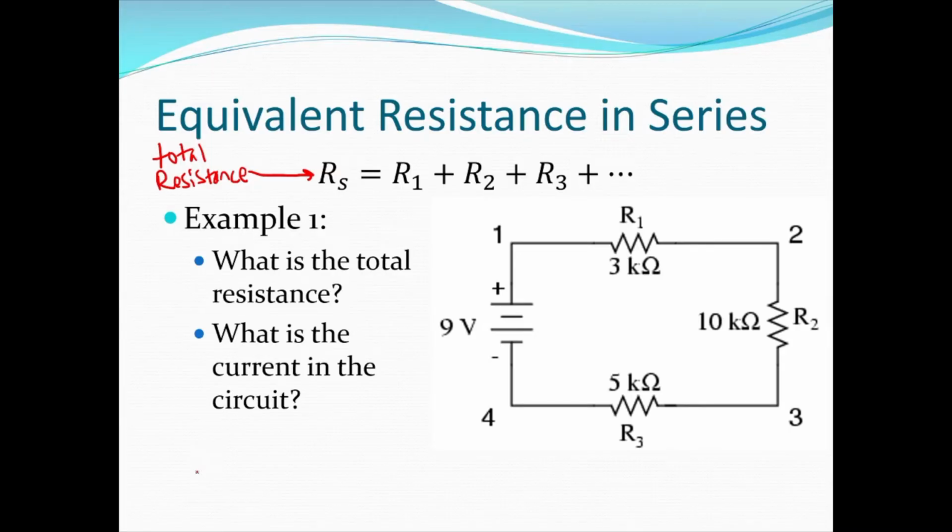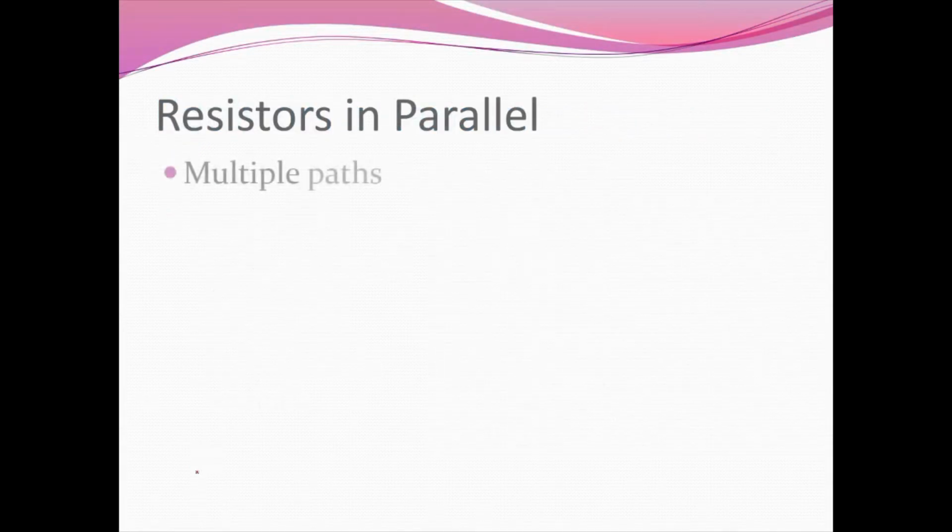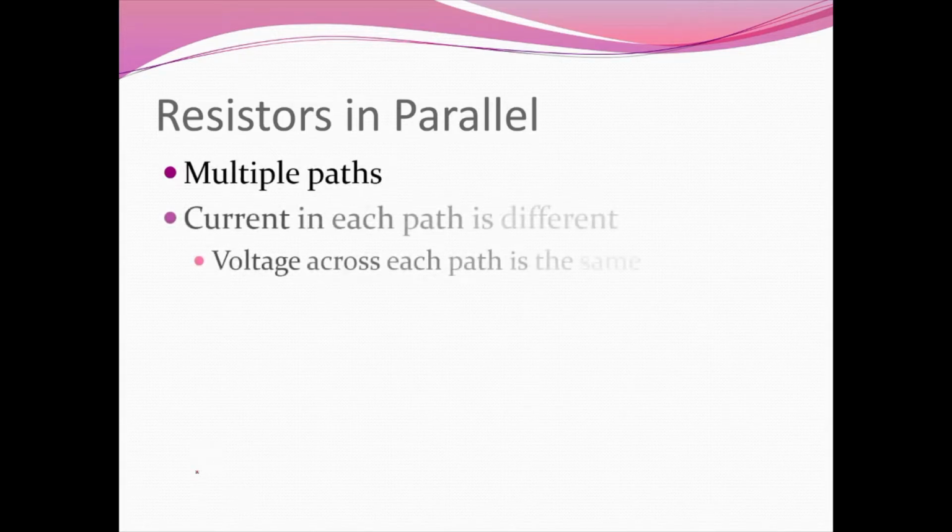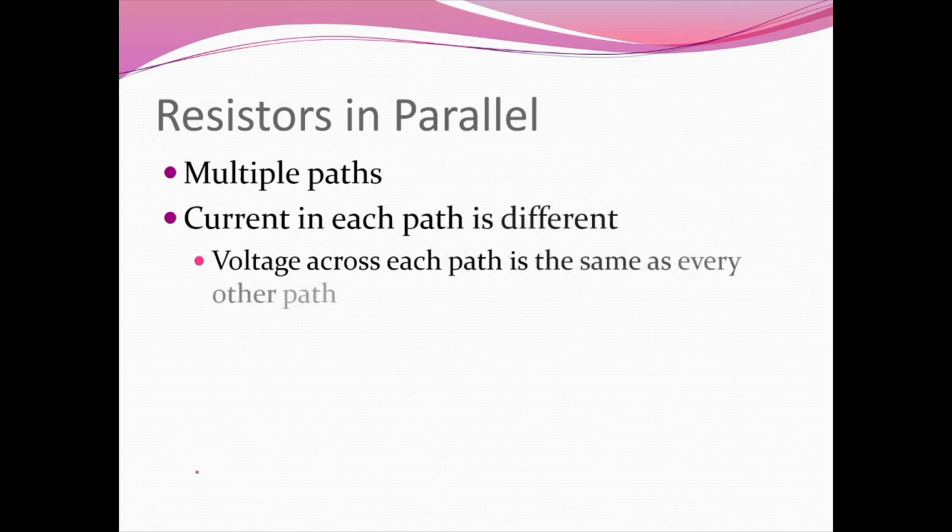Alright, now parallel circuits. They are different in that for parallel resistors, there are multiple paths. The current in each path is going to be different, and one of the neat consequences of this is that the voltage across each path is actually the same as every other path.